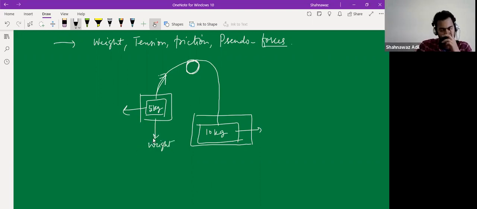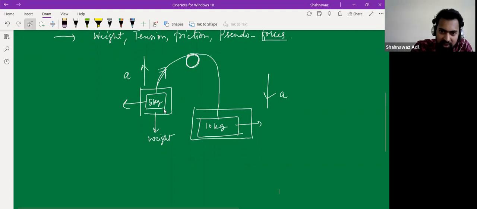And so this mass is heavier and this mass is what? Lesser, right? So this will pull it downwards and this will move upwards, right? So this will have acceleration like this and this will have acceleration like this, right? Downwards. So for this block, we will apply the FBD.